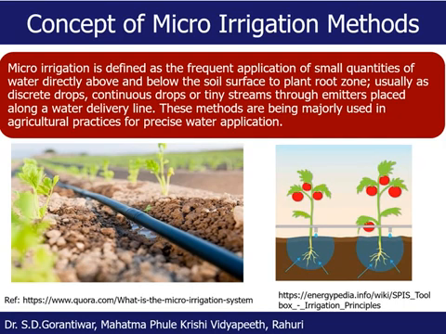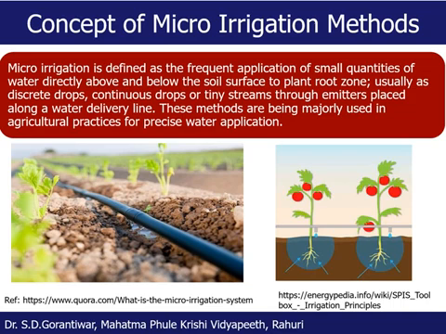In this figure the moisture bulb is shown. So it is possible to apply water only into the root zone by means of the micro irrigation method. It is possible to irrigate just the desired portion, keep the unwanted portion dry, and have perfect control over the application of the water.